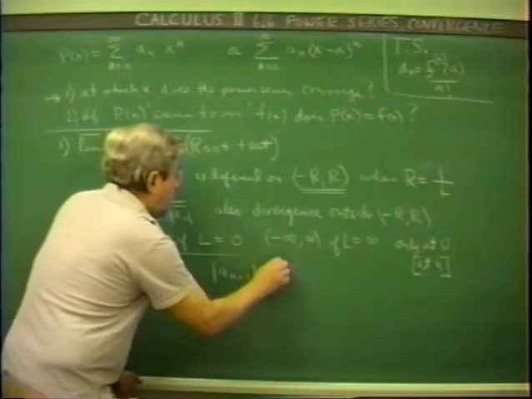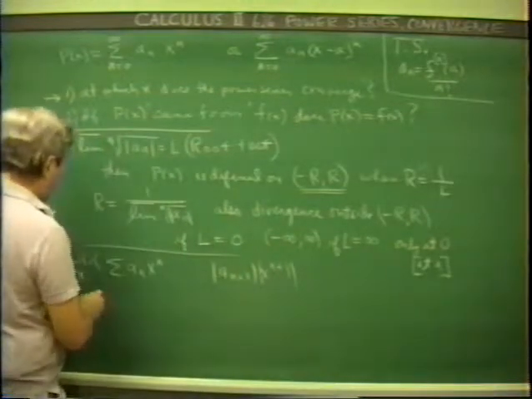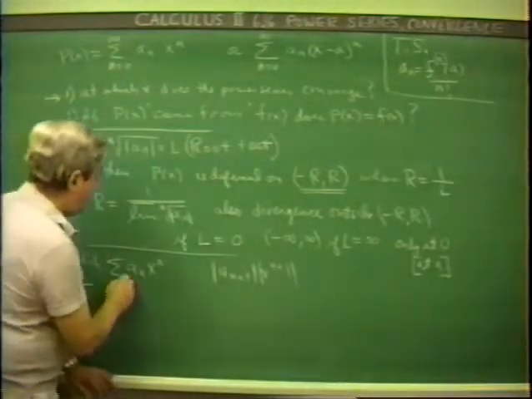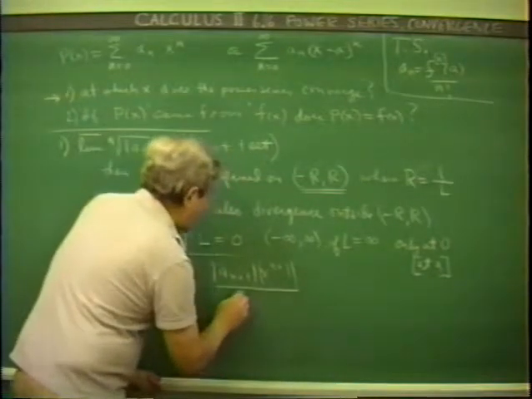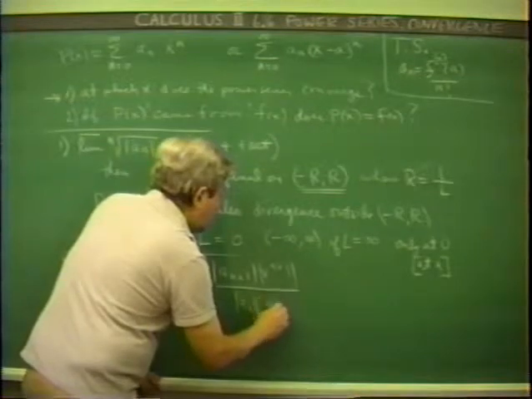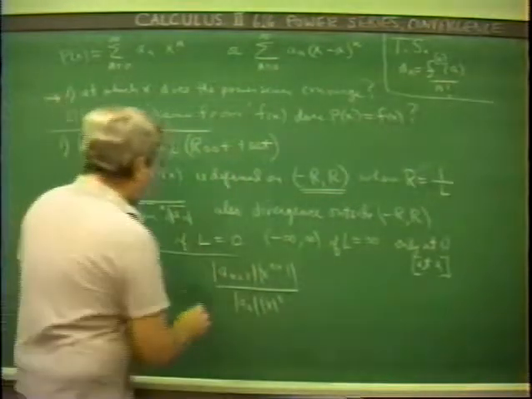Well, if we fix an x, the absolute value of a_(n+1) x to the n plus 1 is the n plus first term in here. Divide this by the nth term, absolute value of a_n, absolute value of x to the n.